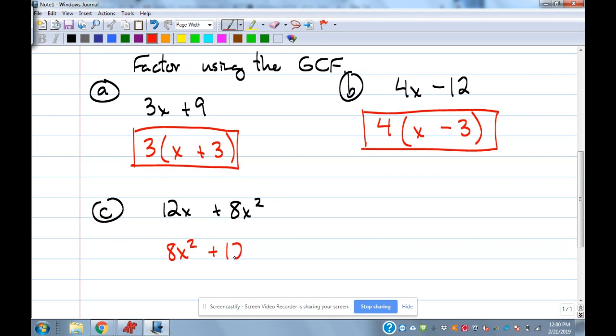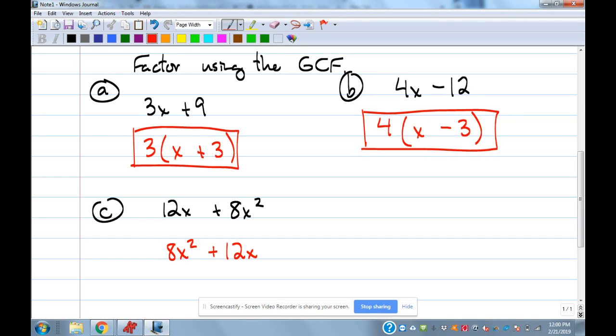That's a positive 12x. So just change the order there. Okay. Then we look at it and say, okay, what do 8 and 12 have in common? 4 goes into both of them. 2 goes into both of them. 8 goes into itself, but does it go into 12 evenly? No. So the biggest factor that goes into 8 and 12 would be 4.